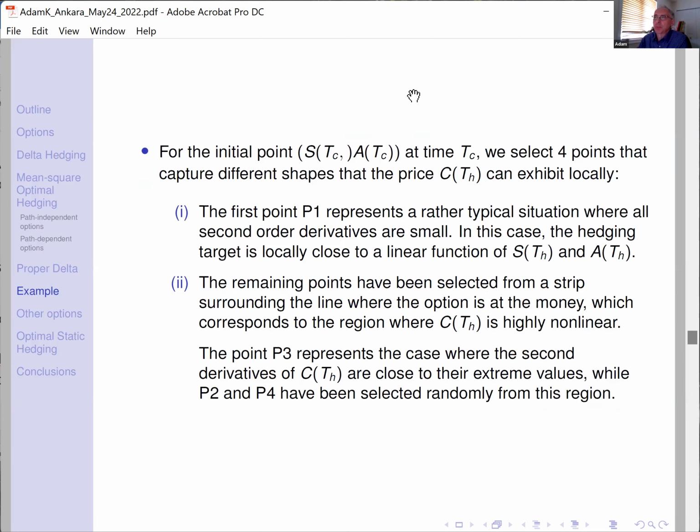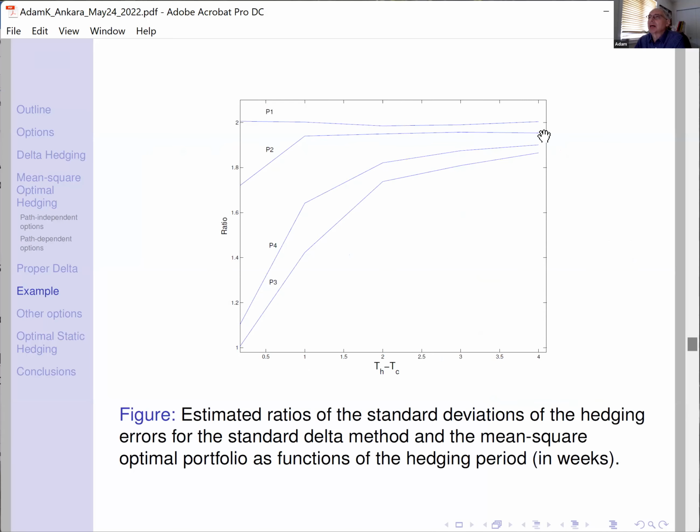As the spot price at the beginning of the hedging period, I choose different points because, depending on the curvature of the hedging target, the correction of the delta will be helpful or not. The important component in the hedging is also the quadratic component. So depending on how I choose the initial price, the advantage of the new delta is clearly visible.